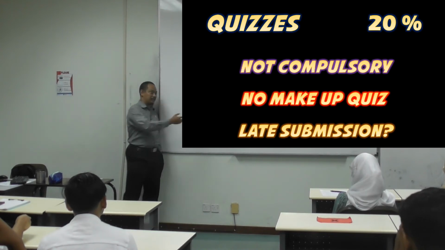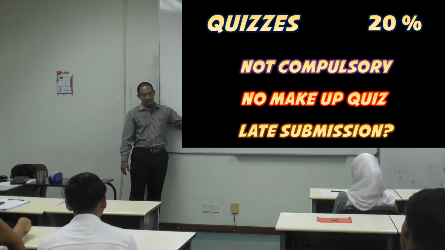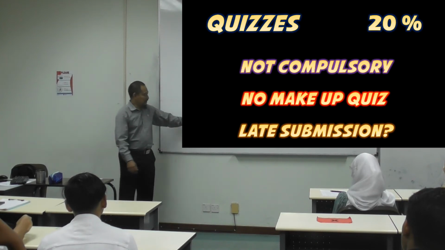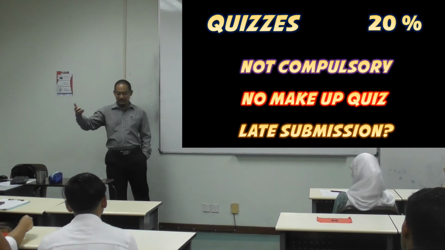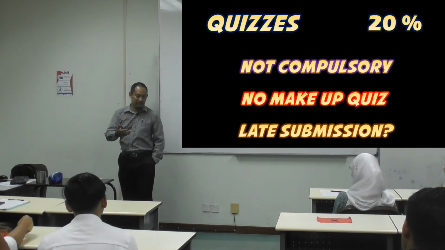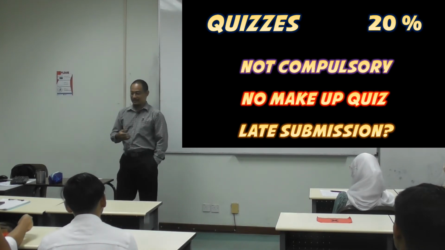Another one that I normally apply is a deduction of marks. But normally at the beginning the students say just deduct the marks, but later on they complain because the deduction is quite significant, and when they receive the quiz, they never remember that they are the ones who submitted late. They ask why marks were deducted for no reason.